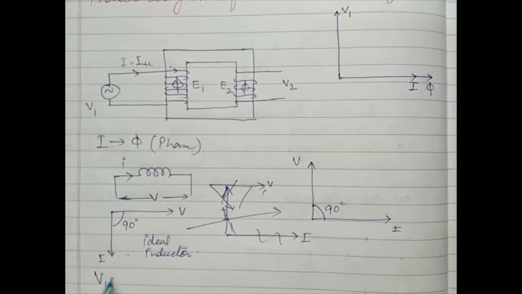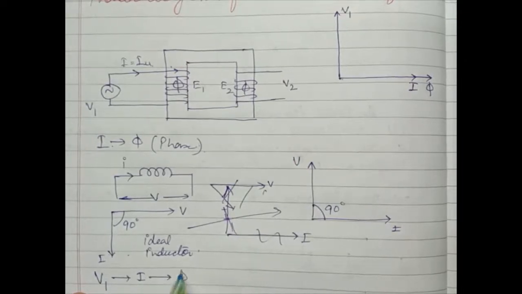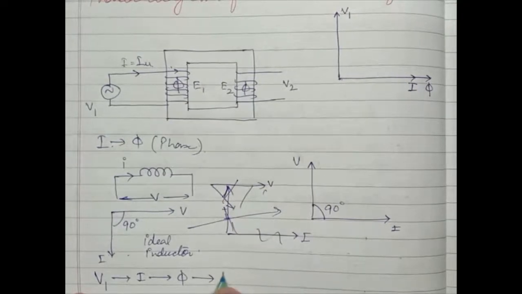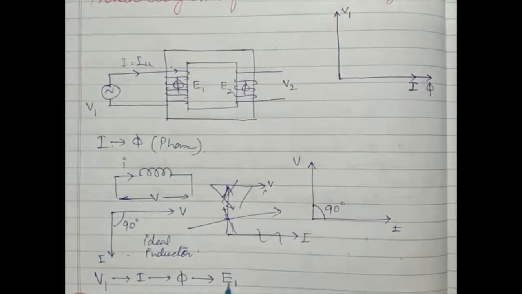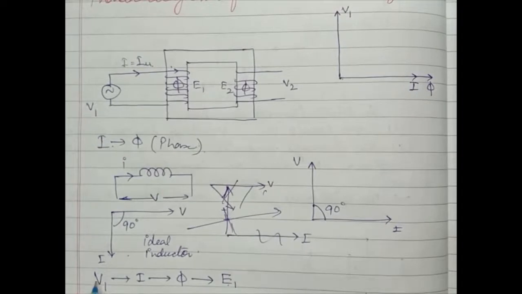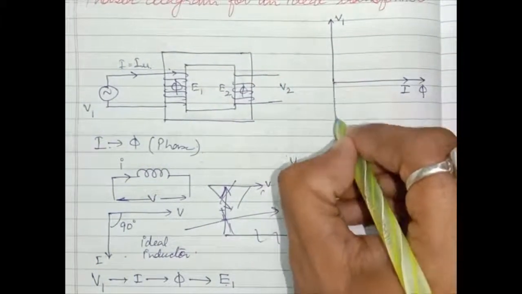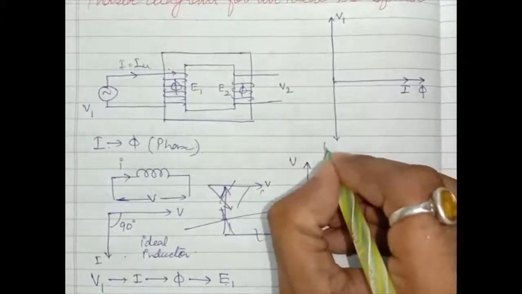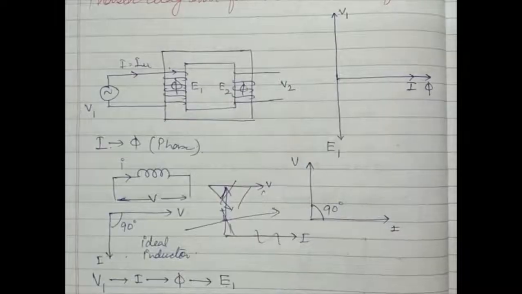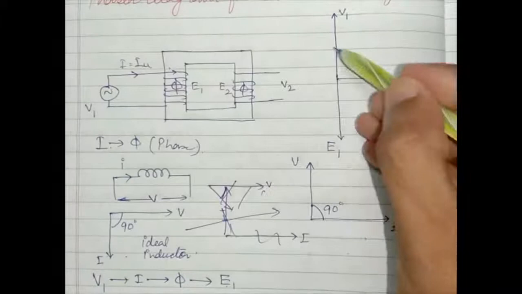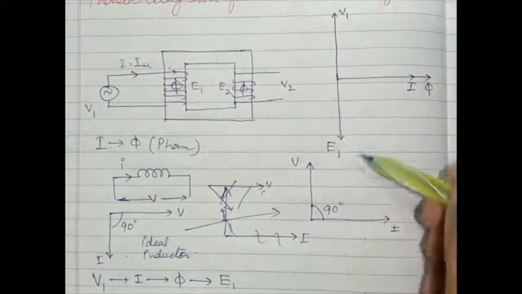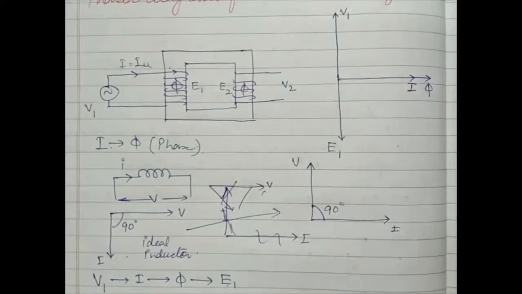When we connect the primary voltage V1, there is a current flow I1 or I. Because of this, flux phi is produced, and then there is E1, and E1 and V1 are equal in magnitude but in opposite phase.